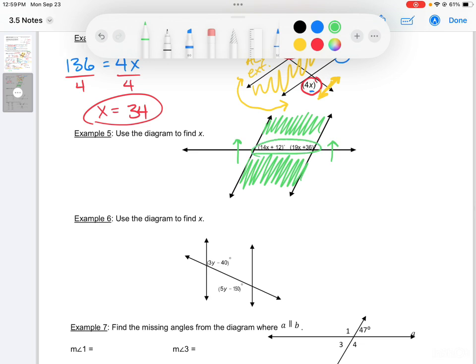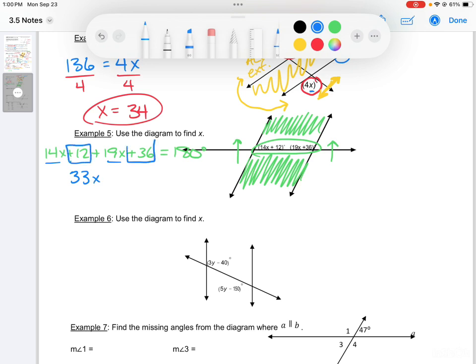So these two right here are supplementary, which means when I combine them, 14x plus 12 plus 19x plus 36 equals 180. So the first thing I need to do is combine like terms. The numbers with x's I'm going to put together, so 19 plus 14 is 33x.